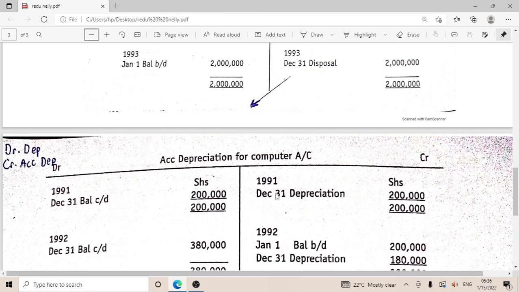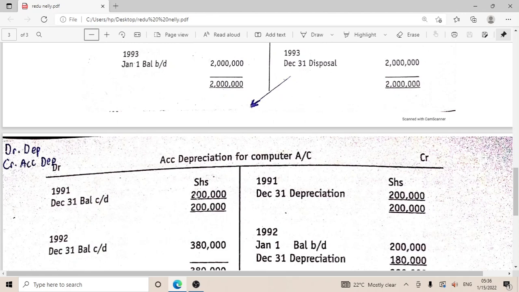Then what will happen? If this has been your opening, then this will be the closing, which is a balance carried down. So 1991 December 31st, it will have a balance carried down of 200,000.